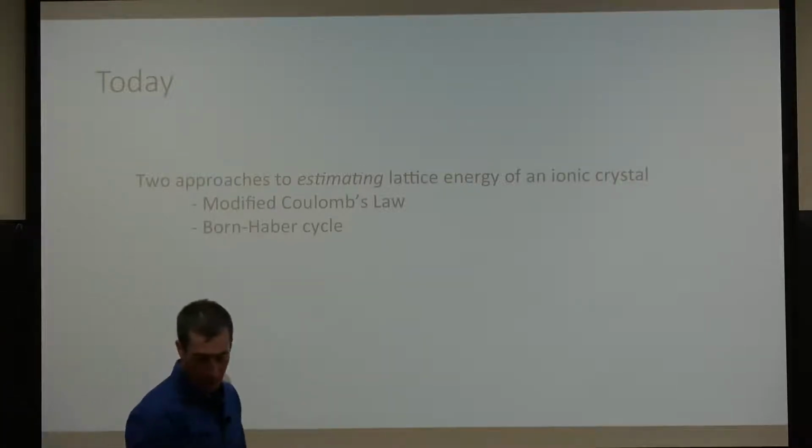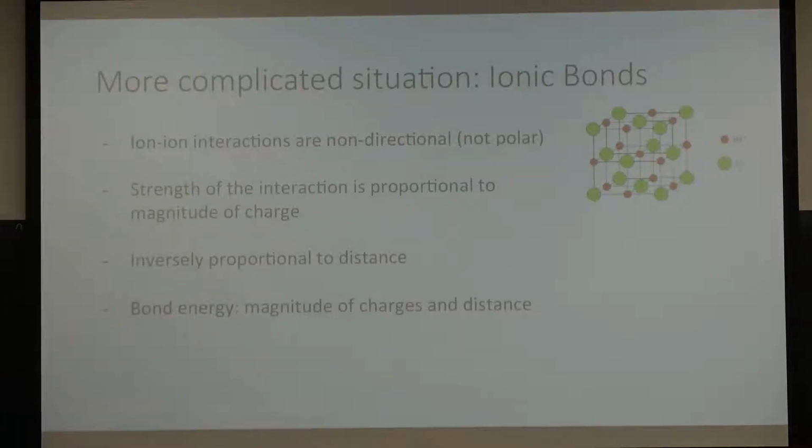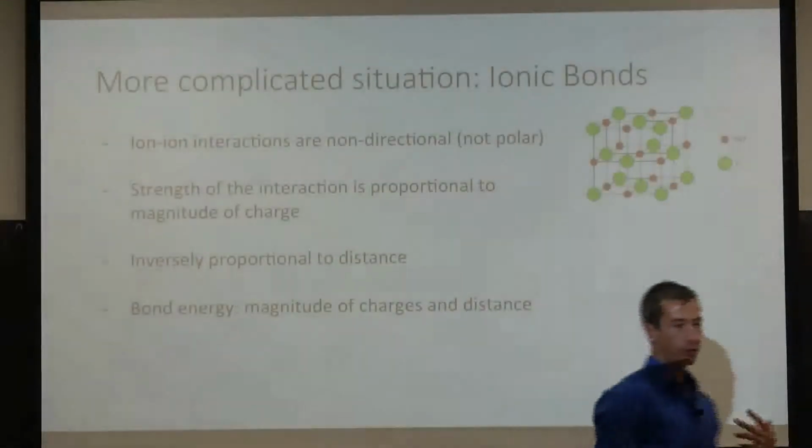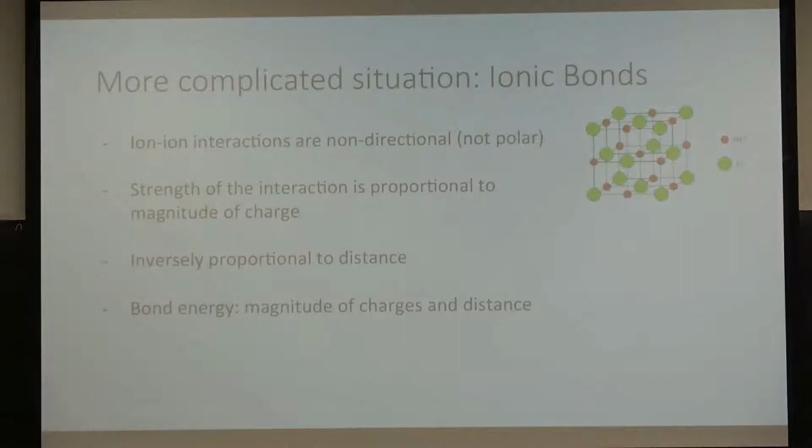So ionic bonds, again, intramolecular force or intermolecular force? Intramolecular forces, because it's within this molecule, right? So ion-ion interactions are non-directional. This is not sharing of electrons, right? This is an exchange of electrons.